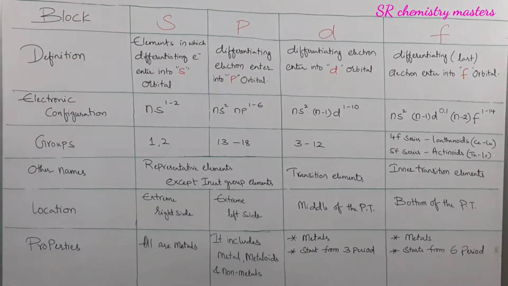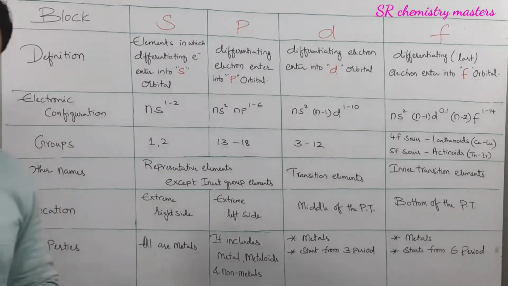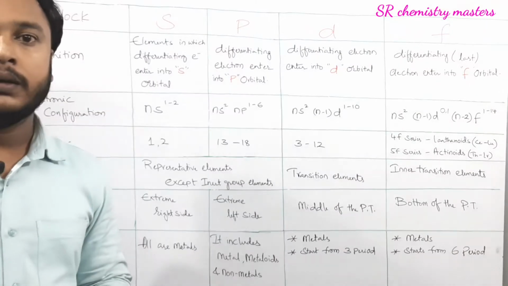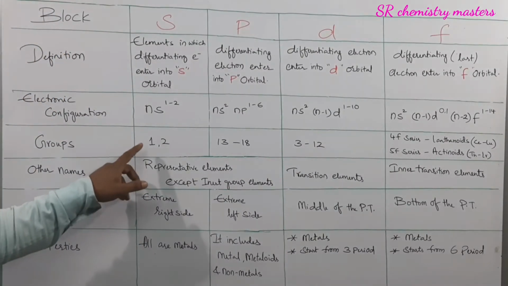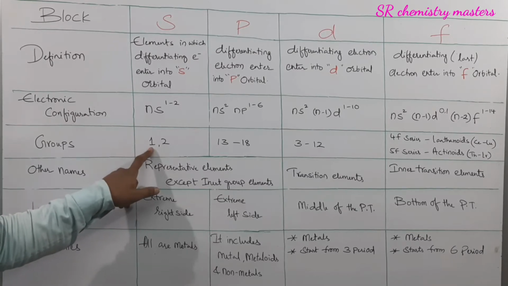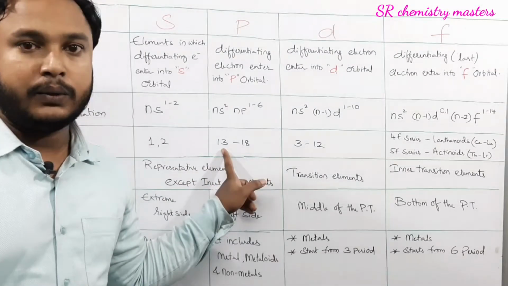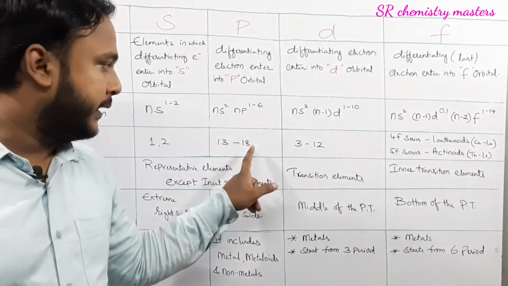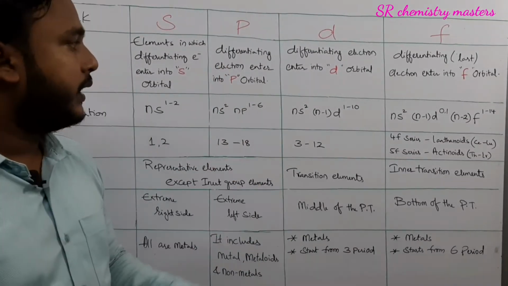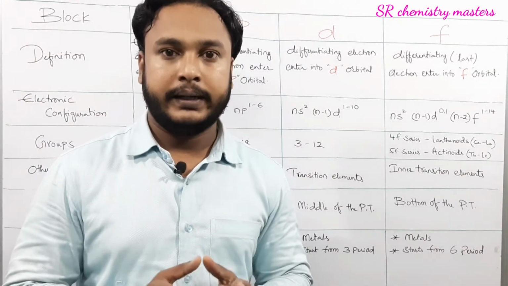The next thing is the number of groups present in each block. The number of groups present in the s block is 2, because the s orbital can accommodate a maximum of 2 electrons. Only 2 groups come under the s block, that are the first group and the second group. The P block elements include group 13 to group 18, that is 6 groups. For the D block elements, group 3 to group 12 come under the D block.